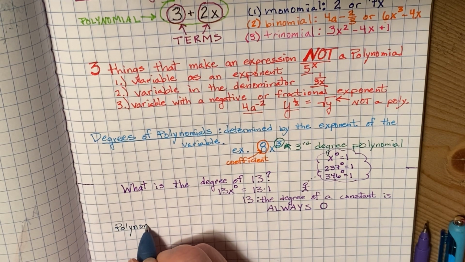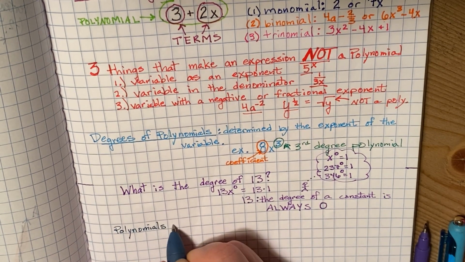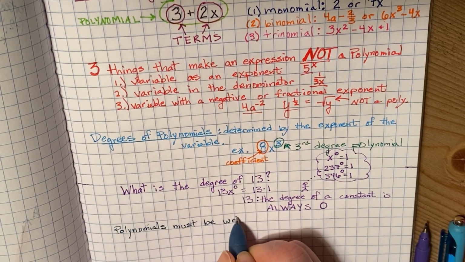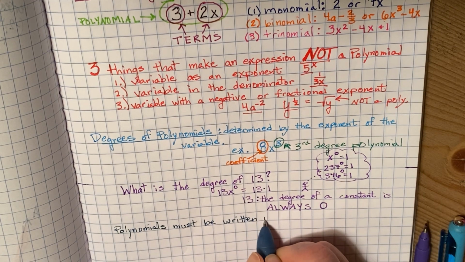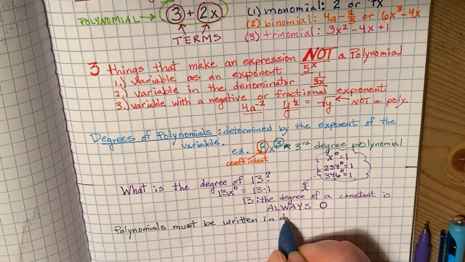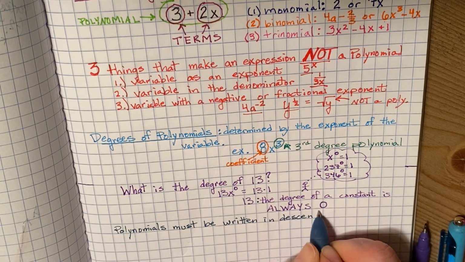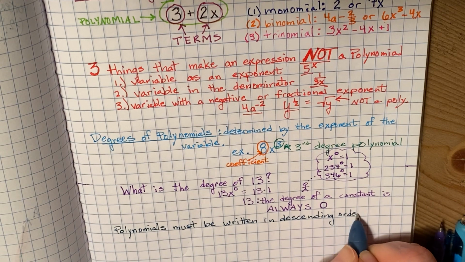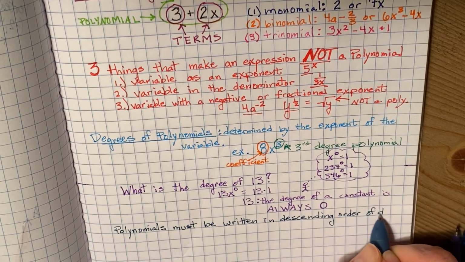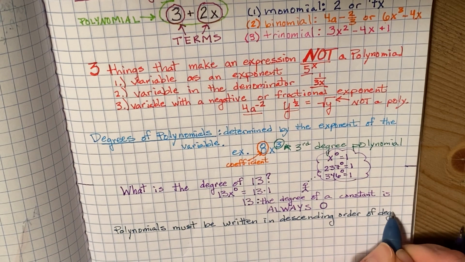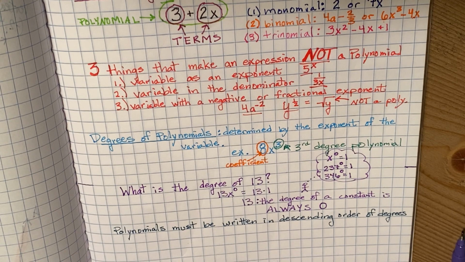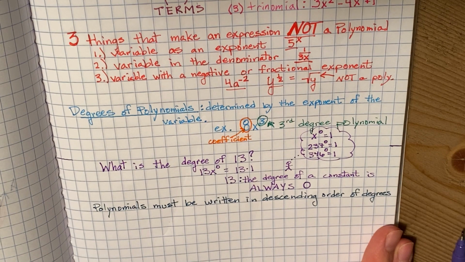Polynomials must be written in descending order of degrees. The descending order of degrees. Okay, so what's that mean? Yeah, it's just what we just did, right?